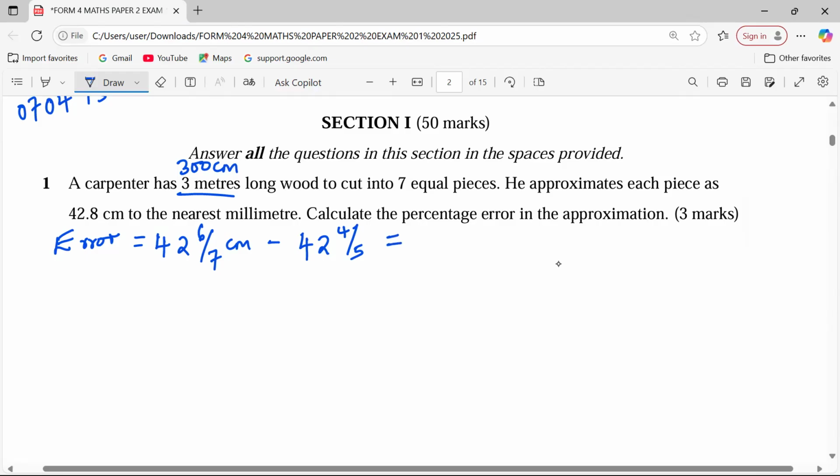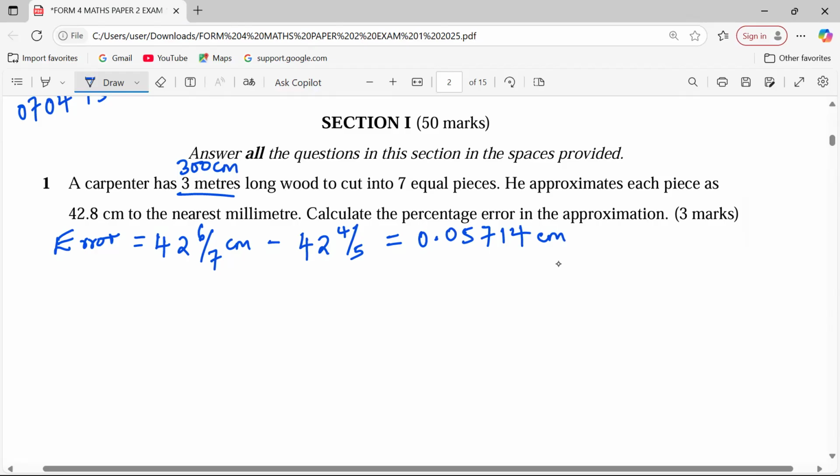So when I take the difference, I'm getting it in a decimal, 0.05714 centimeters. That's enough for significant figures.